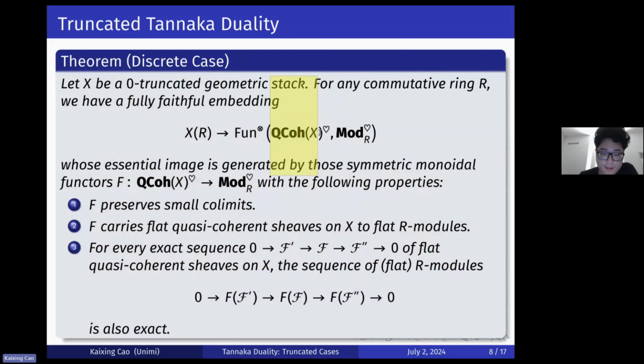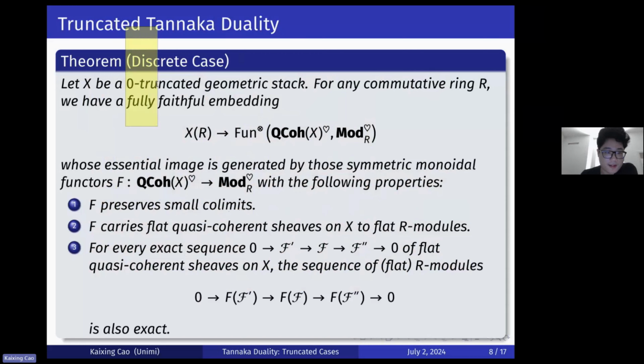Because in the discrete case, it's abelian categories, so we have a good notion of exact sequence. In general, we should replace the exact sequence by the fiber sequence in the stable infinity categories.